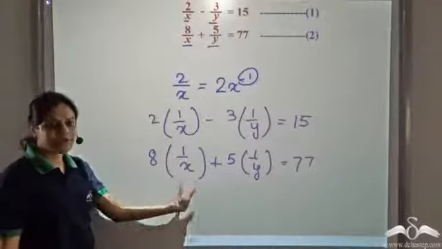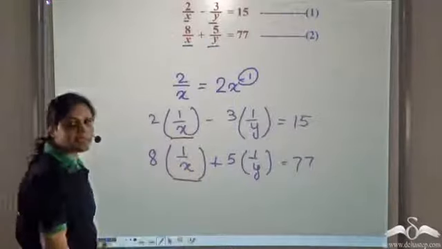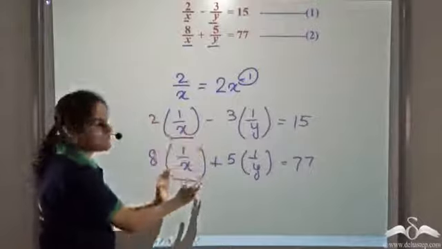This is what we have. Now we have 1 by x and 1 by x here. So this is the variable part of the first term.